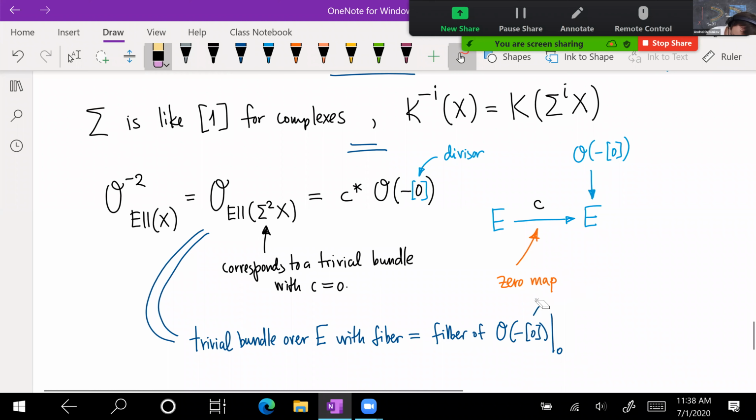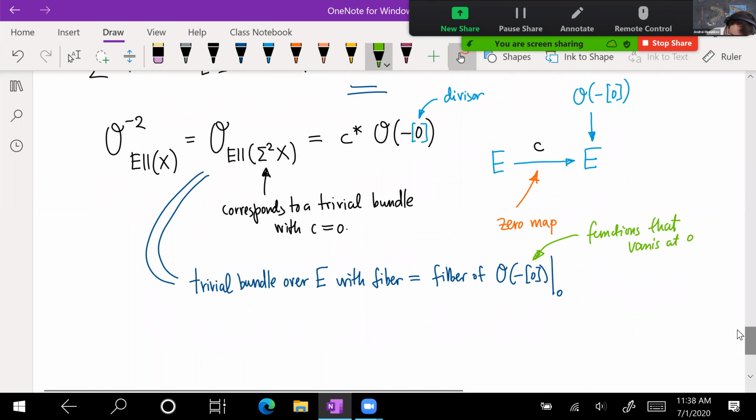This is a line bundle given by functions. These are functions that vanish at 0. Right? So i.e., this is the maximal ideal of that 0.